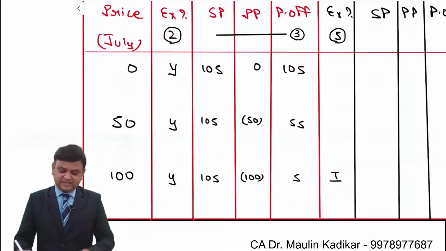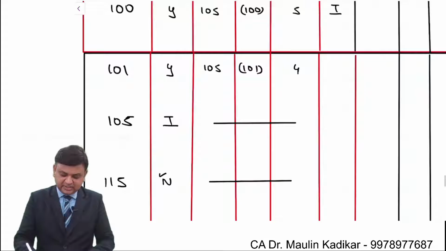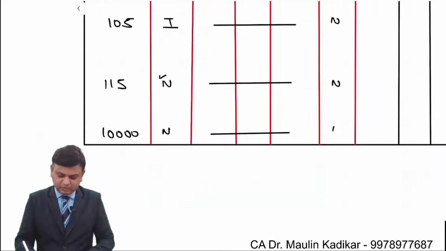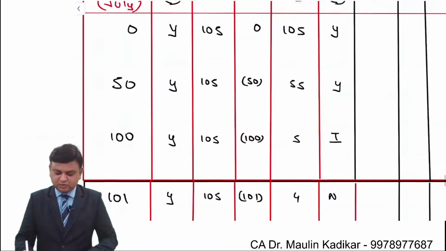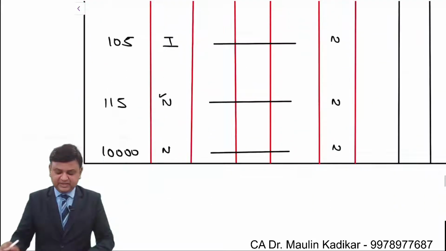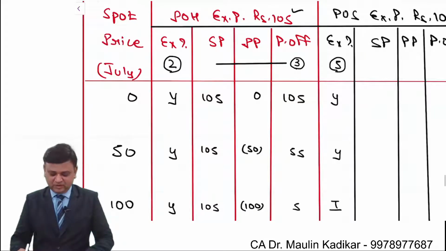When the price is less, he will exercise. When the price is more, he will not exercise. So what the opposite person is going to do, that is the way we write whether he will exercise or not.